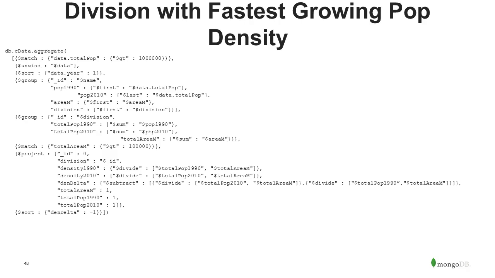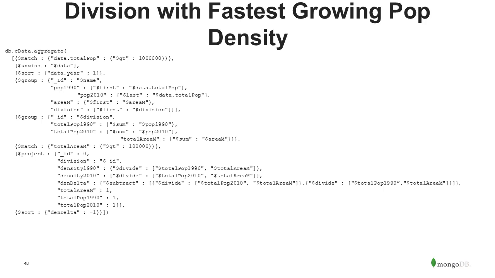And you can see the pattern here of doing the $match first. So I'm going over that census data collection, but I really only want to match on states that have a big enough population, because that's one of the characteristics of the question I'm trying to solve.